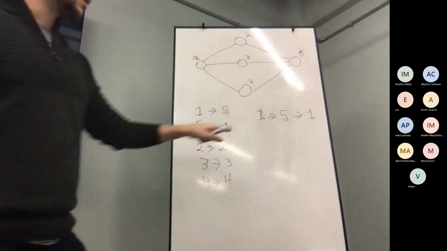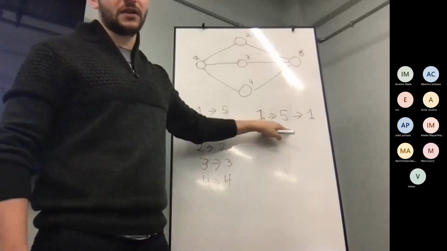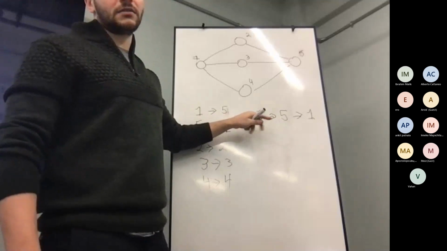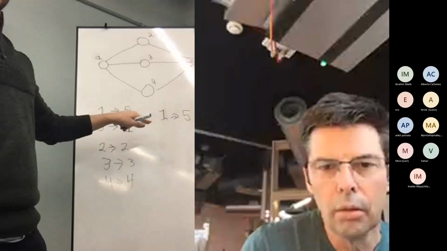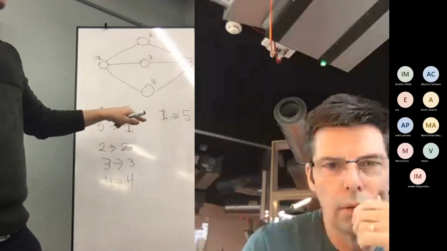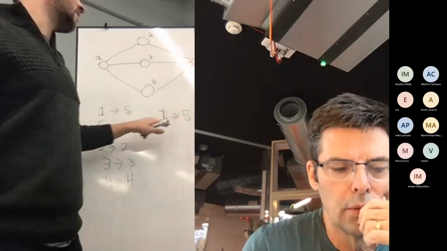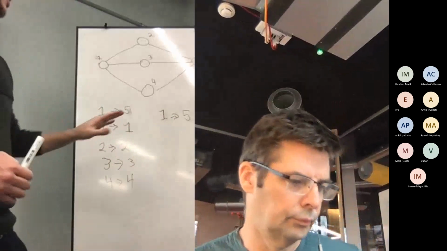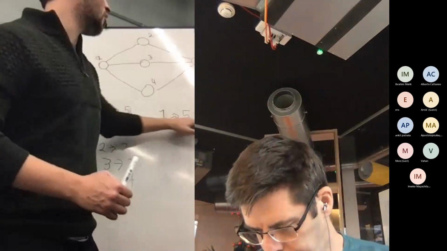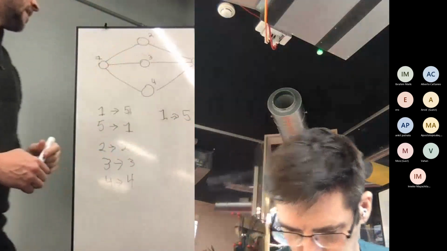So this is the orbit of node 1 and the orbit of node 5 as well, because the orbit is like the other nodes within the graph which you could go through to define automorphism mappings.